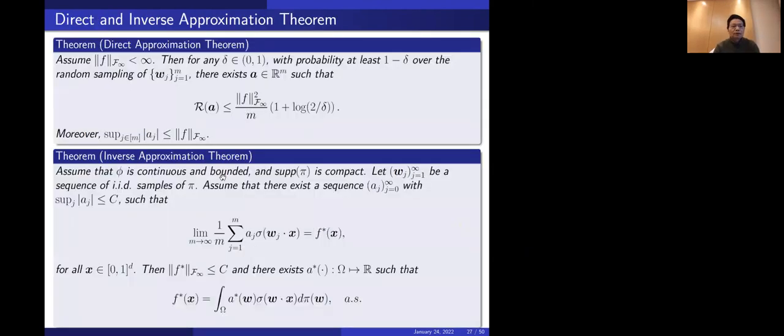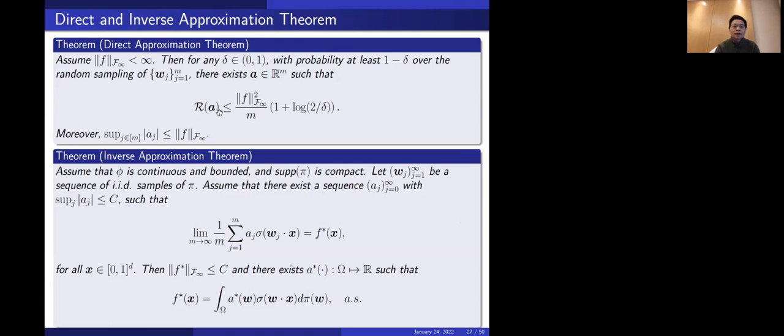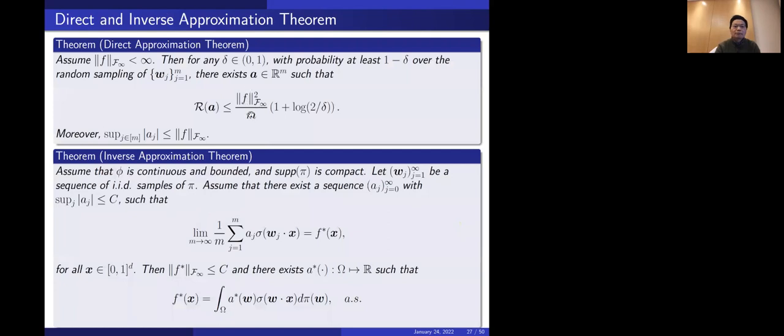Now, one can prove the following direct and inverse approximation theorem. If a function belongs to the space F_infinity, namely the coefficient a is essentially bounded, then for any small value of delta, with probability of 1 minus delta over the random samples of w_j, there exists a set of coefficients a_j such that the test error is bounded by 1 over m, times the F_infinity norm squared.